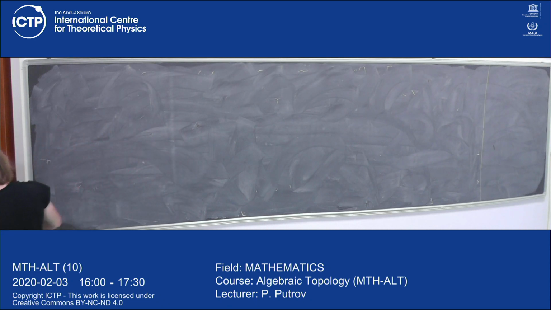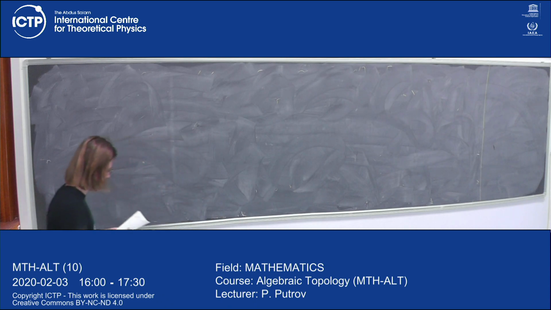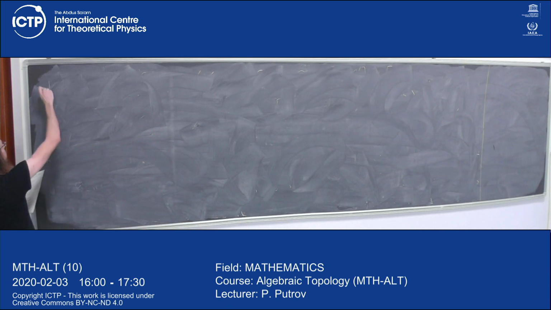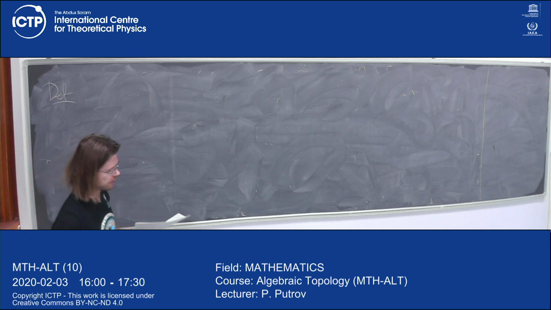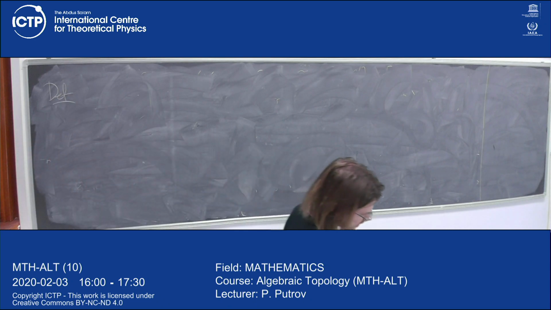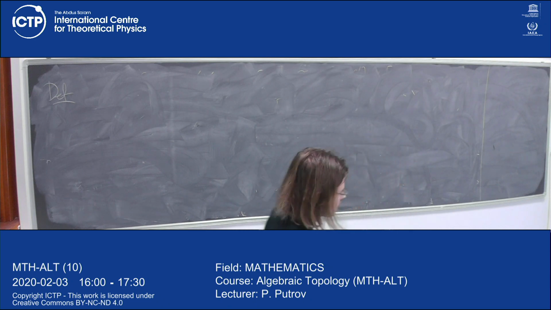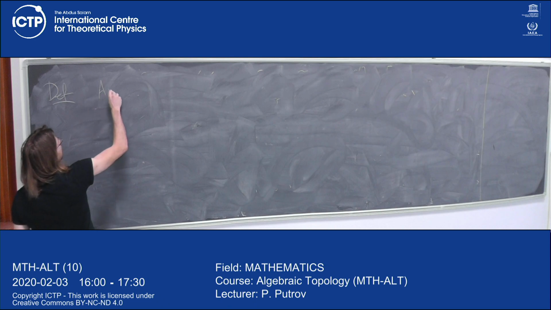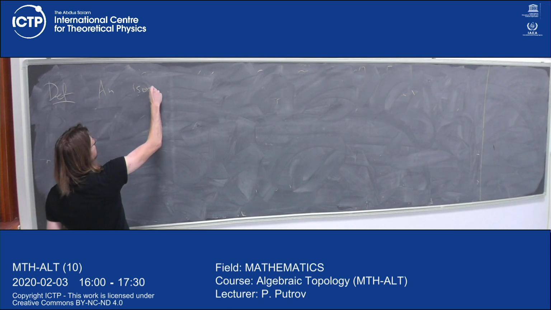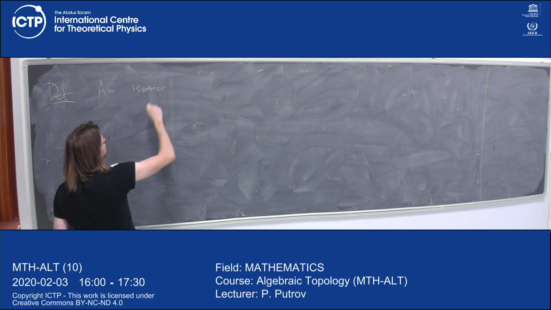But of course, uniqueness will be only up to some isomorphism. So we have to define what we need. First, we want to define when we say that two covering spaces are the same, in what sense they're the same. We want to define the notion of isomorphism between covering spaces.